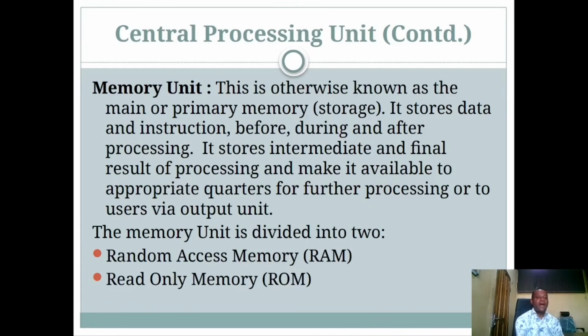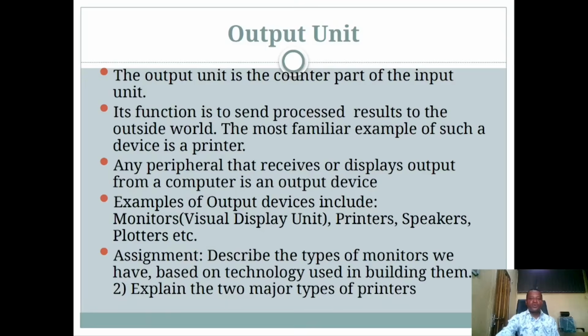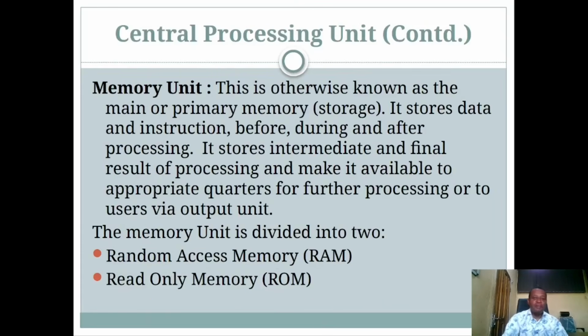Okay, the memory unit is divided into two. We have the random access memory and the read-only memory. The first one is always called the RAM. RAM is the abbreviation for random access memory. The R from random, the A from access, and the M from memory.